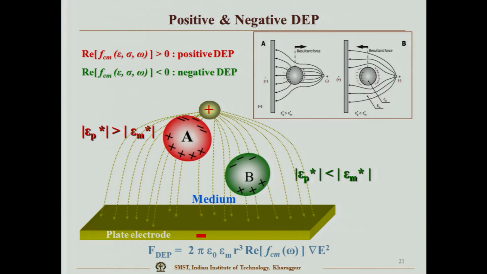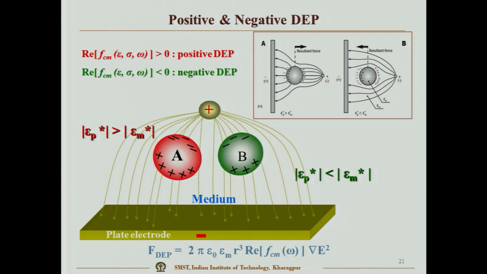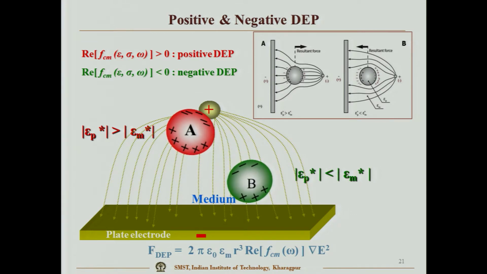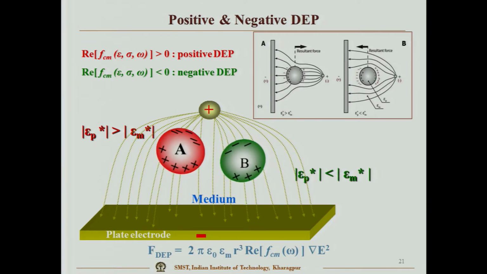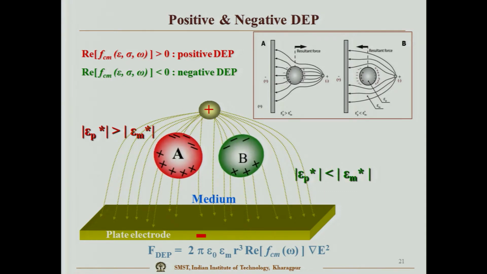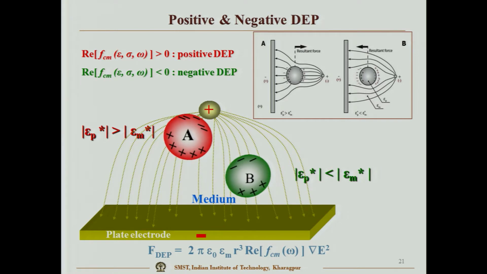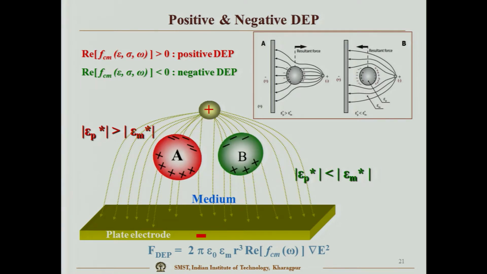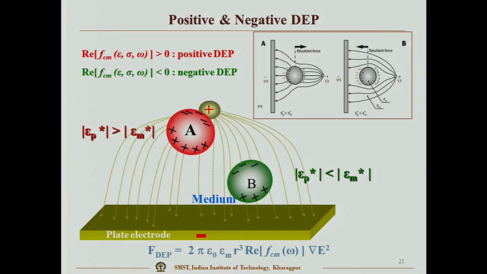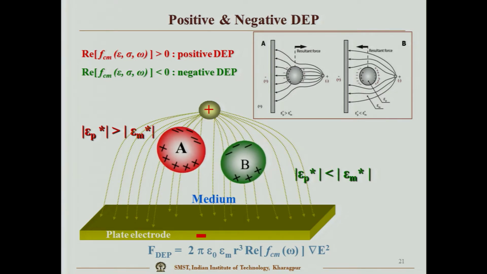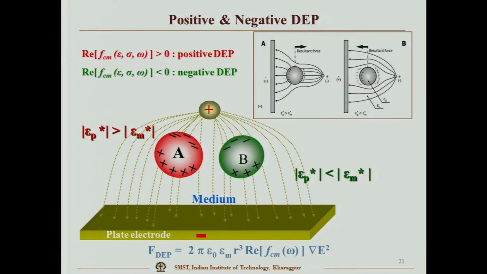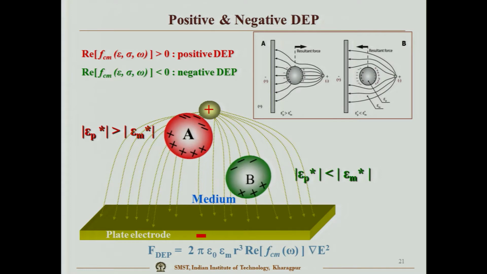For this case it is going towards the lower electric field distribution, for this case it is going towards the higher electric field distribution, and the same has been shown here. The red color means the dielectric constant of the particle is much higher than the media. So, this red particle is moving towards this direction where you have the maximum electric field distribution. For this particle the dielectric constant is much lower than the media, and so it is moving towards this side of the electrode.